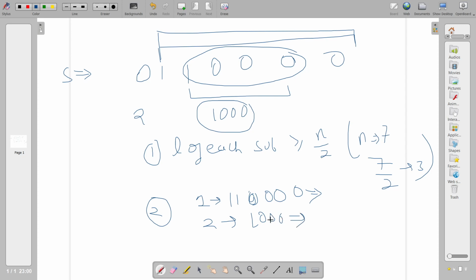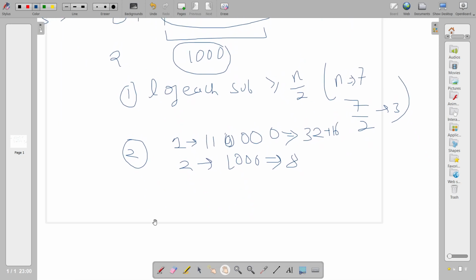So this would become 8, and this would become 32 plus 16, I think. Once you convert them to their decimal forms, the first string should be a multiple of the second string.